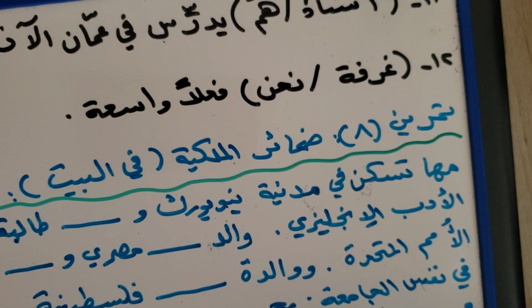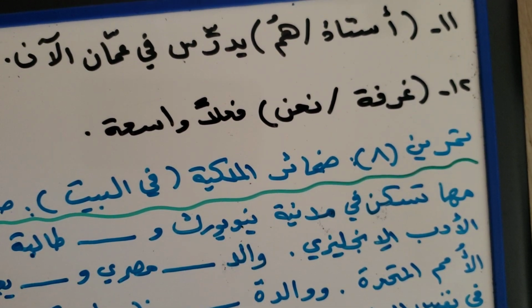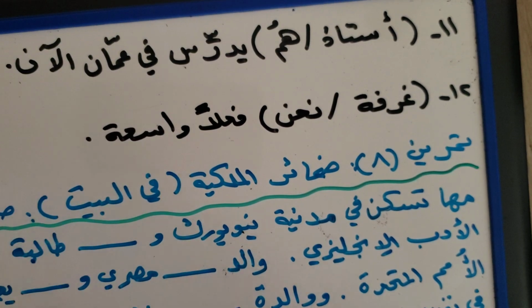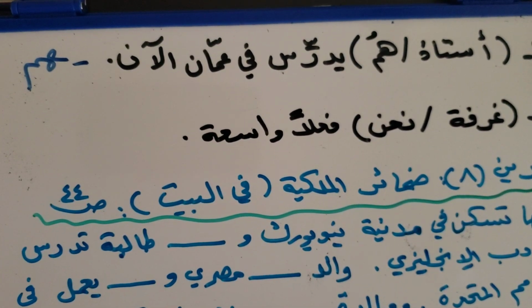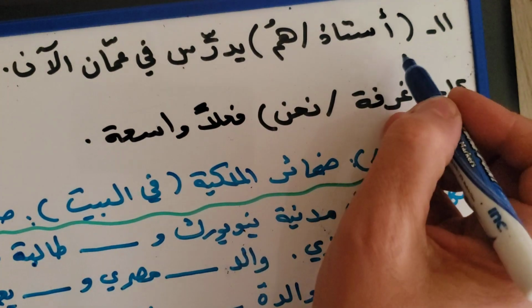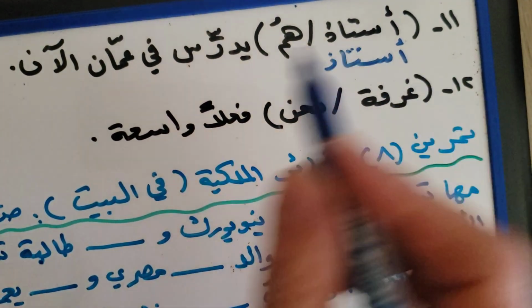أستاذهم يدرس في عمان الآن. Their teacher teaches in Amman. So what is the possessive pronoun? It's hum, the attached hum. Okay, so أستاذهم, their teacher, أستاذهم.